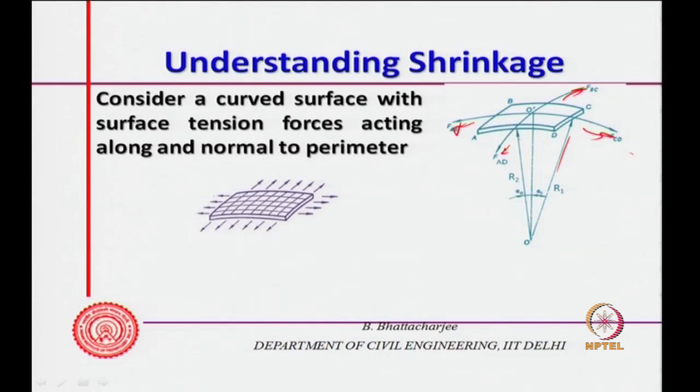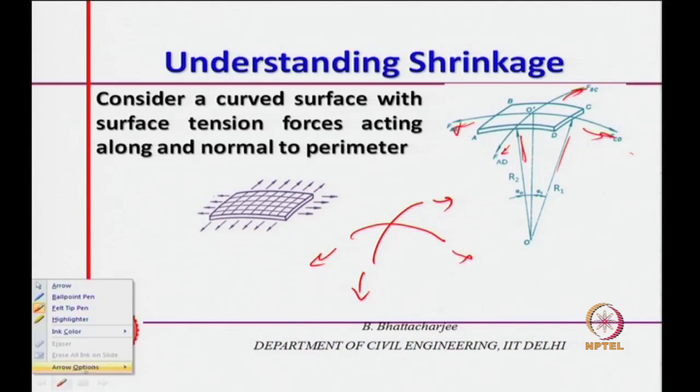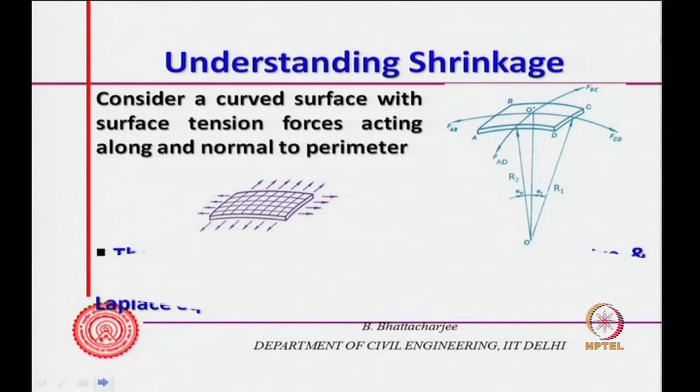This is the radius along this curvature, and the resultant force will be acting inward, because this is a curved surface. One can write an equation after looking at the equilibrium.